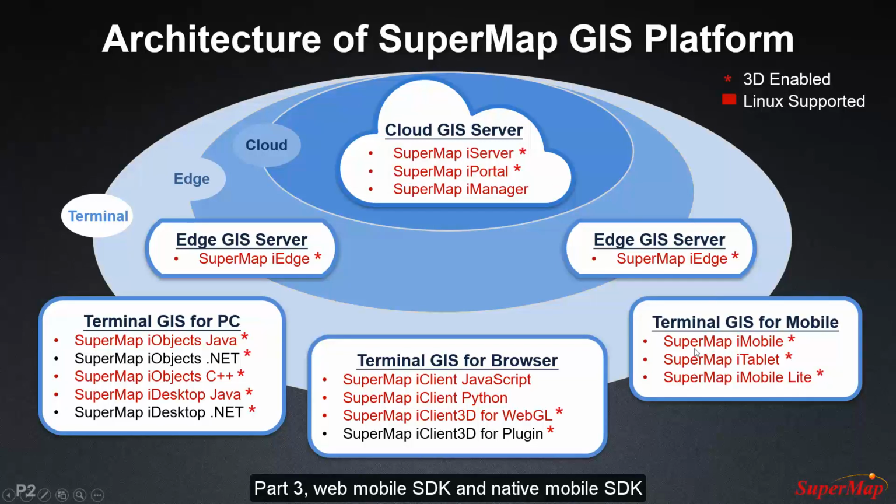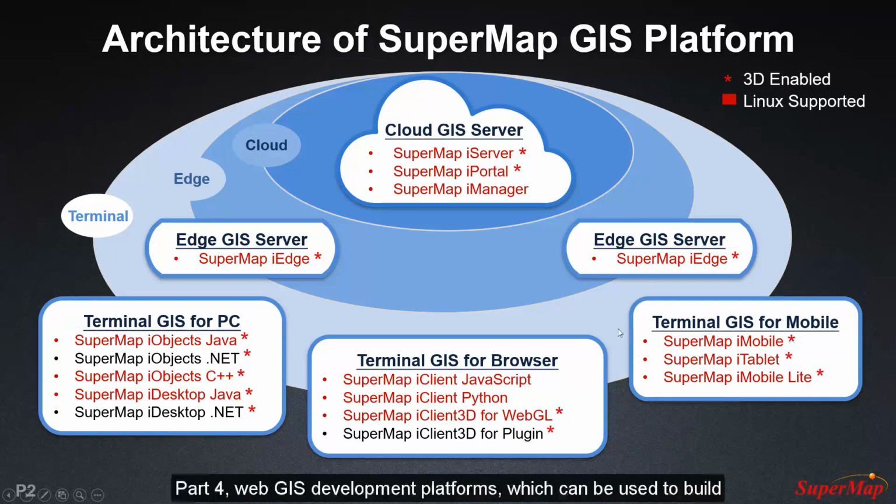Part 3. Web Mobile SDK and Native Mobile SDK, which can help you quickly build your mobile GIS application. Part 4. Web GIS development platforms, which can be used to build cross-browser map applications or 3D GIS applications.